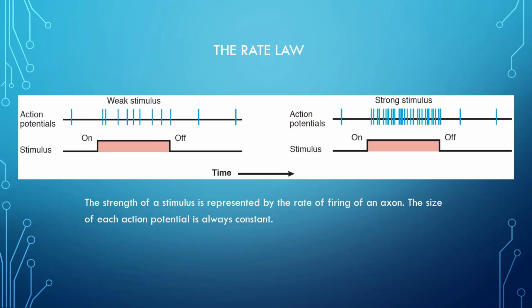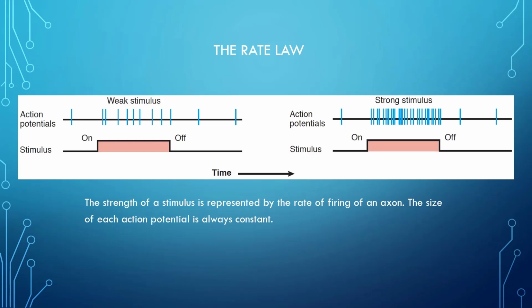So the strength of a stimulus, and we're going to go into sensory systems in not too long here, it's going to be with us before you know it, is represented by the rate of firing, the number of action potentials per unit of time. So do I have 5 action potentials in a second, or do I have 20 action potentials in a second? This is what determines the strength in nearly every system that we're aware of, the number of action potentials fired per unit time, or the rate of firing.